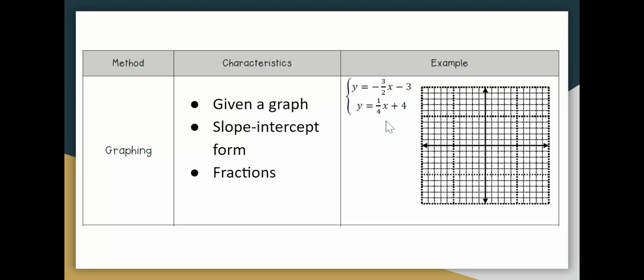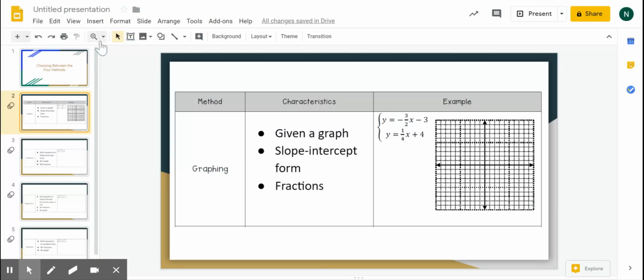Okay, so going back, what I want you to do is solve these problems. We have the first one. Plot -3 on your graph. So go down 1, 2, 3 on the y-axis, and then our slope is -3/2. That means we need to go down 3 and then over 2.